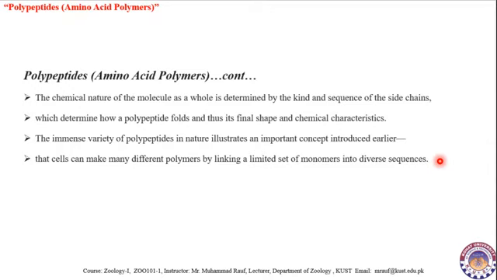Obviously, the sequences in the genes are different, and because the genes have the message for the synthesis of a polypeptide chain, the sequence of nucleotides in DNA determines the sequence of amino acids in proteins.